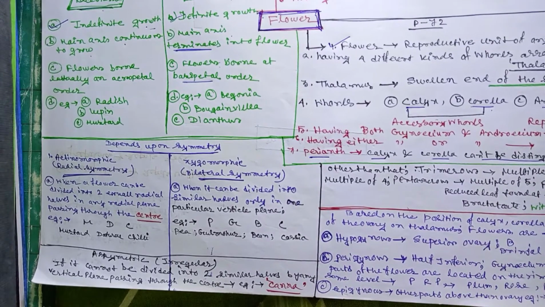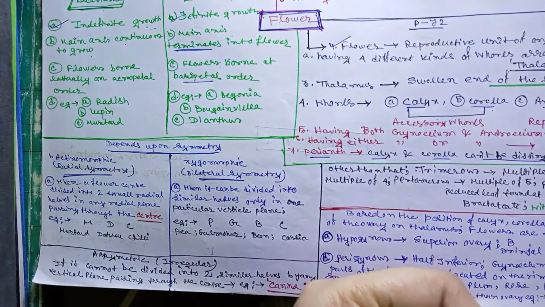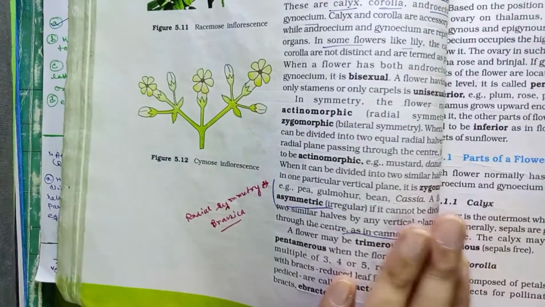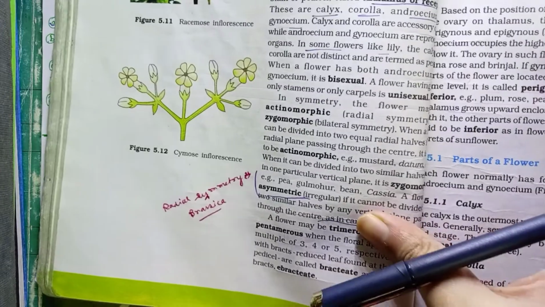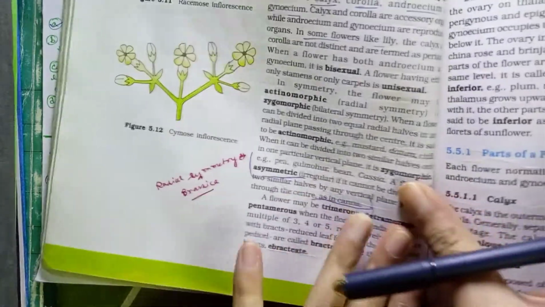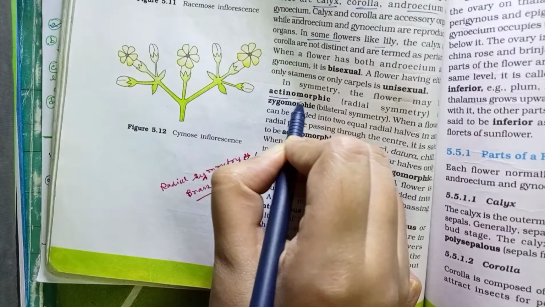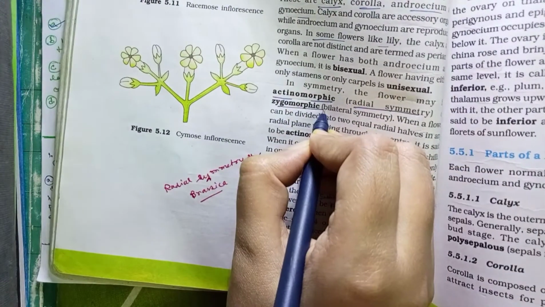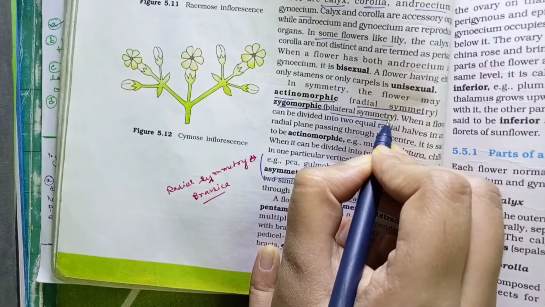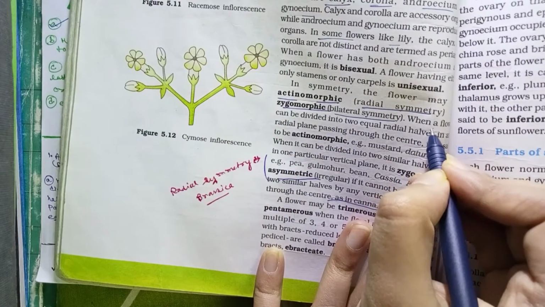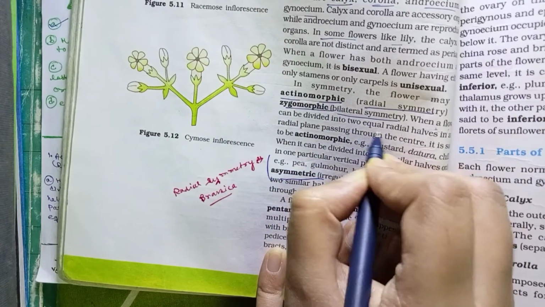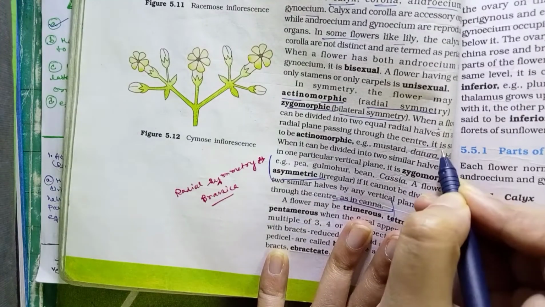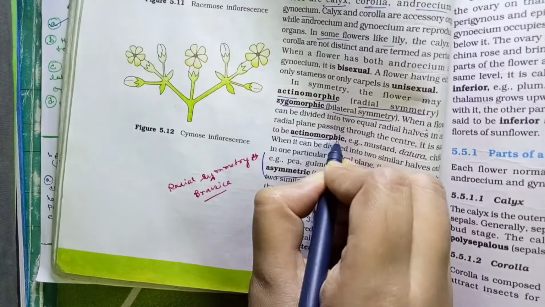Okay, now comes the part on the symmetry of the flower. A flower can be actinomorphic, which has radial symmetry, or zygomorphic, which has bilateral symmetry. When a flower can be divided into two equal radial halves in any radial plane passing through the center, it is said to be actinomorphic.